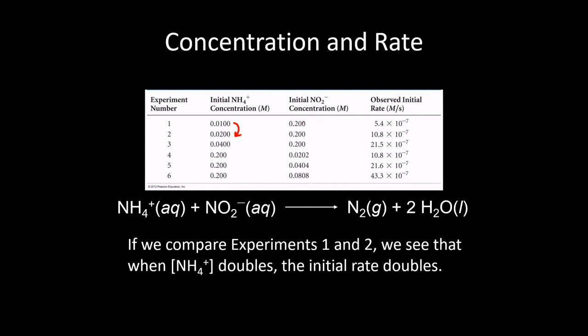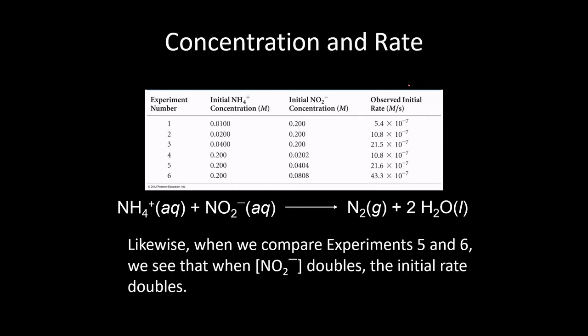And what we see is that the change in the rate from 1 to 2 is that the rate doubles. So when the concentration of the ammonium doubles, the rate doubles.